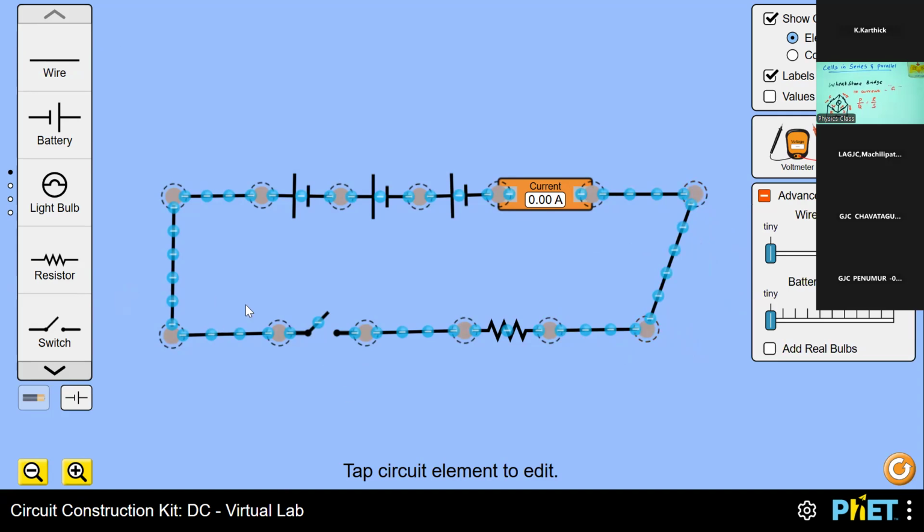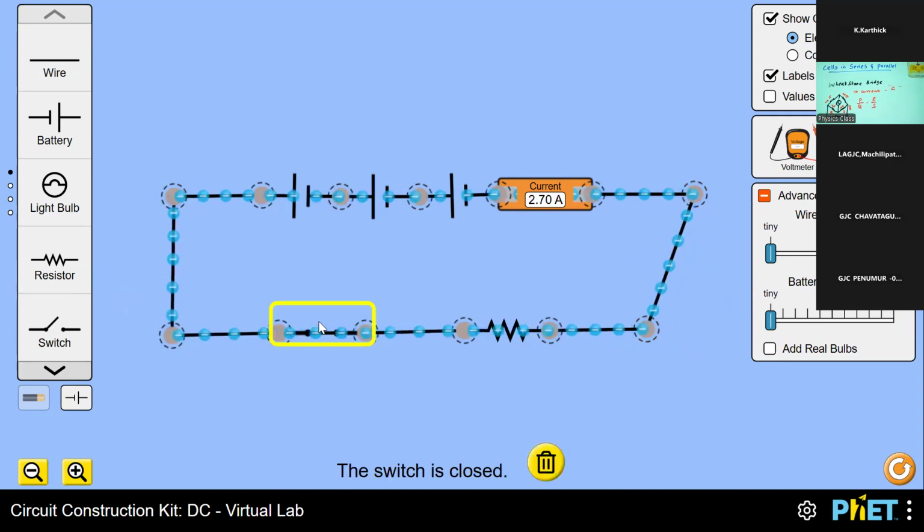Suppose we switch on the circuit, closing the switch, you can see the current value. Electrons are moving. Now you can see the values. Each cell has an EMF of 9 volt, 9 volt, 9 volt, and the current is 2.70 ampere.